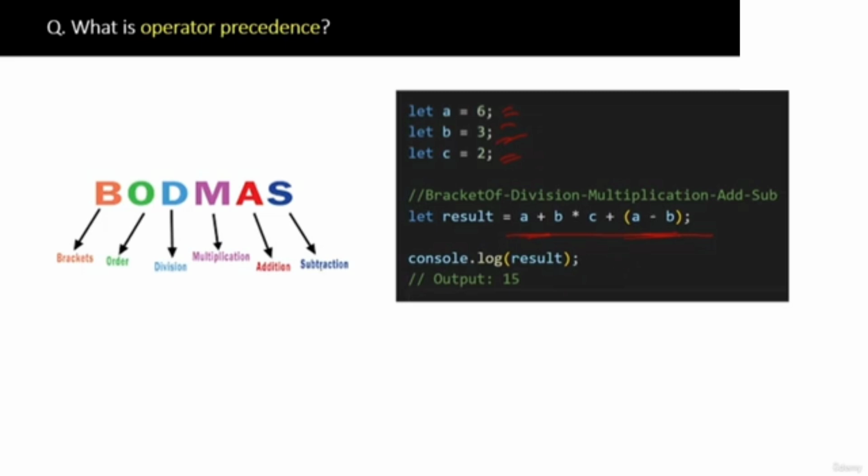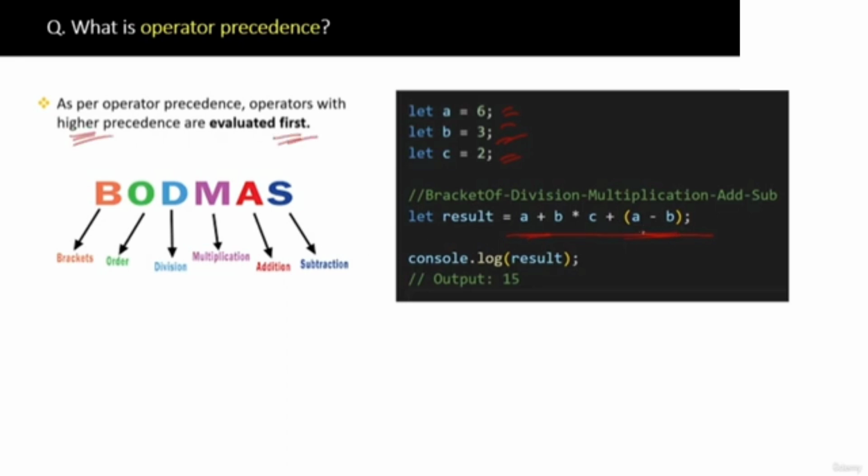The point is, as per operator precedence, operators with high precedence are evaluated first. And the precedence is that the bracket will be resolved first, followed by division, then multiplication, addition, and lastly subtraction. So here first inside the bracket a minus b will happen, then multiply, finally the add. And you will get this as an output.